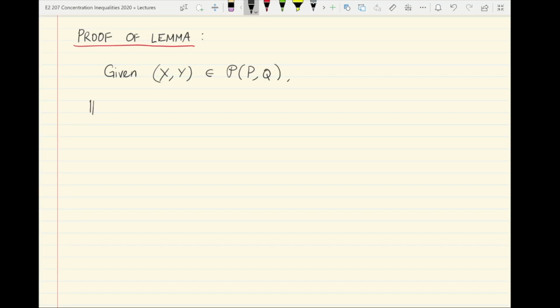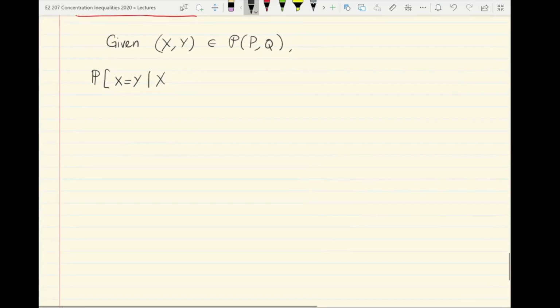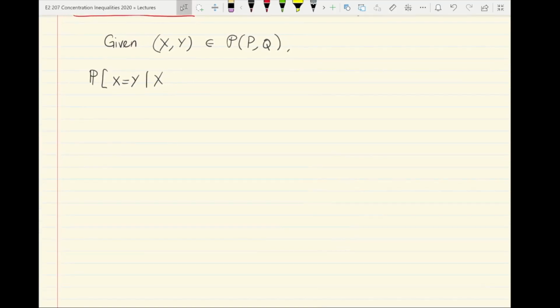We have that the probability of X equal to Y, so not discrepancy but equality, given X equal to small x, that is, the probability that the joint pair lies on the diagonal, is by definition probability X equal to x, Y equal to x divided by probability X equal to x.